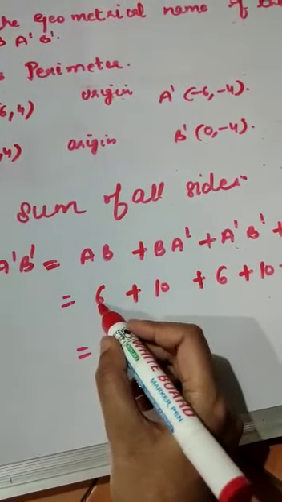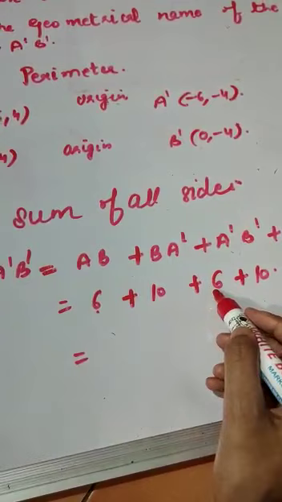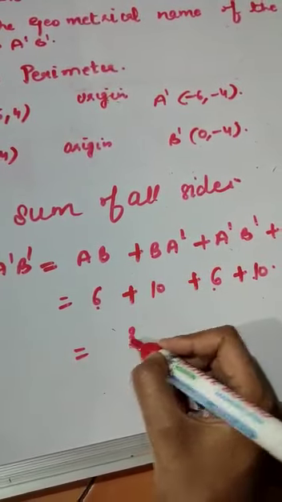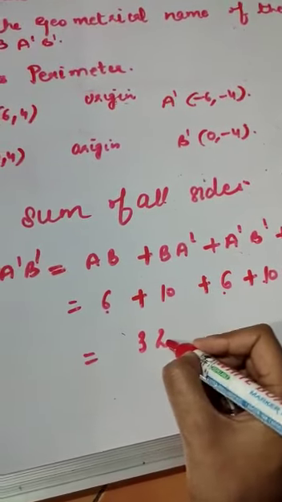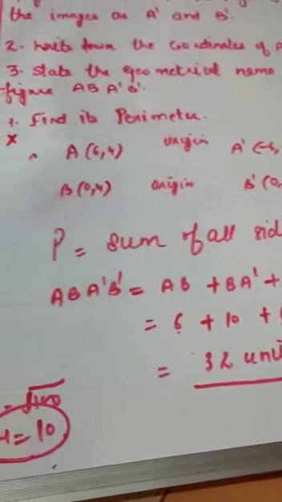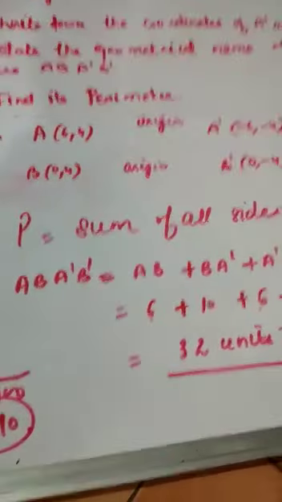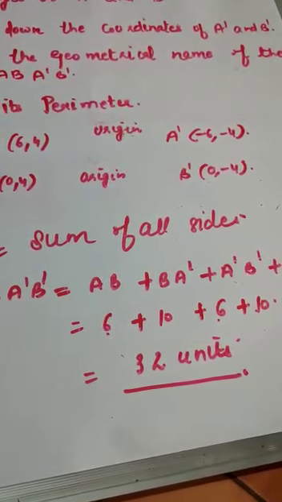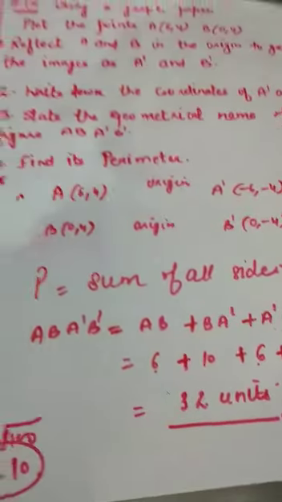So 10 plus 6, 16, 16 plus 16, 32 units is the perimeter of the figure, that is the parallelogram. So 32 units is the perimeter.